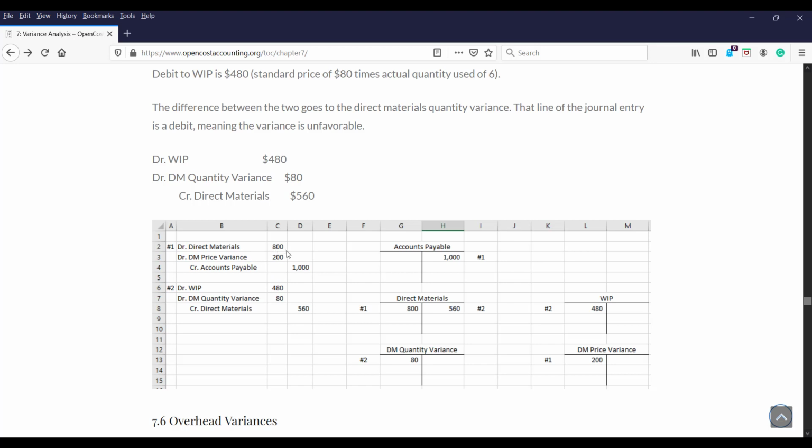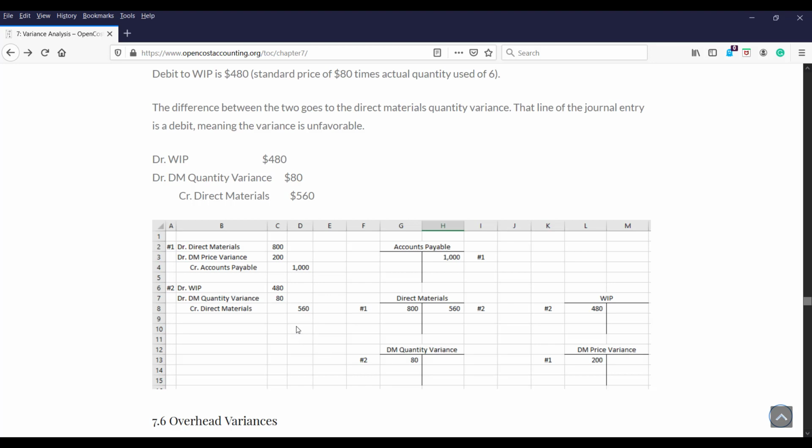Notice how we debited $800 of actual quantity purchased times the standard price to direct materials here, and we only credited $560 for the 7 ounces times standard price of $80 that was taken out and used. And so there is, as a result of that, $240 of residual value left in the direct materials account.